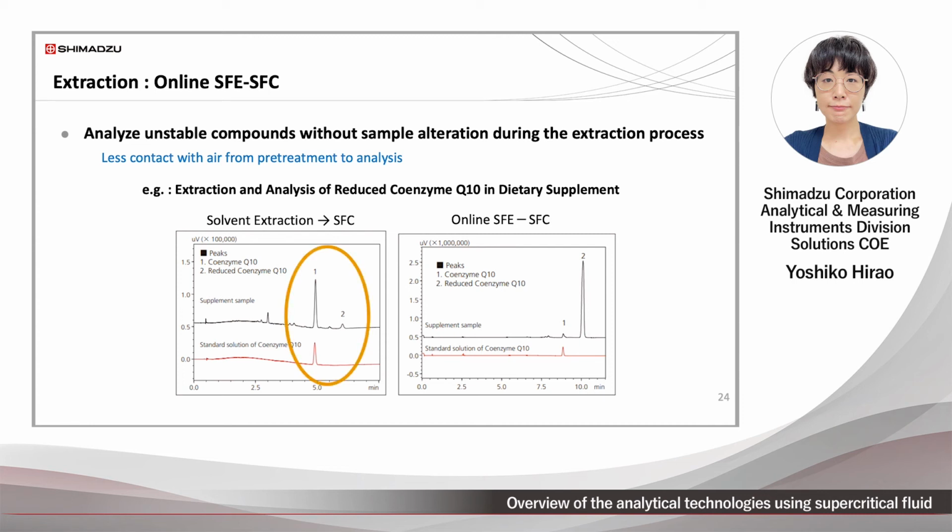On the other hand, the SFE results show the reduced form has been extracted and detected. Thus, online SFE-SFC is very effective for the analysis of unstable compounds because it can perform from extraction to separation without any chemical reactions such as oxidation and photodegradation.